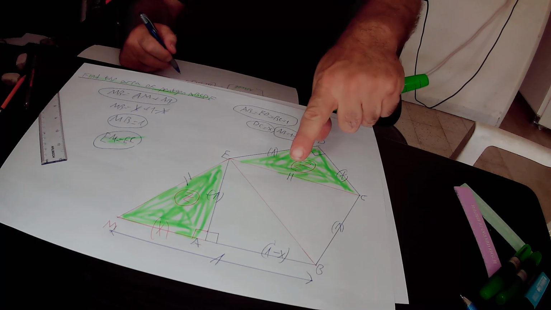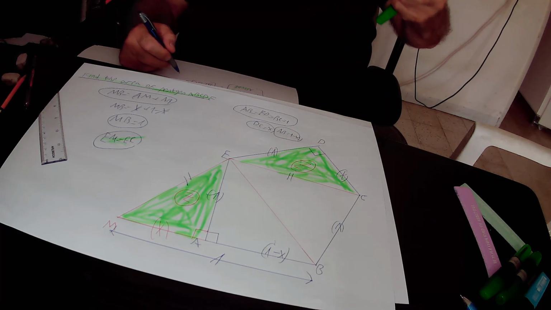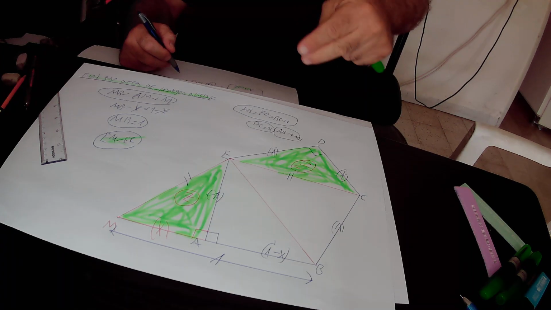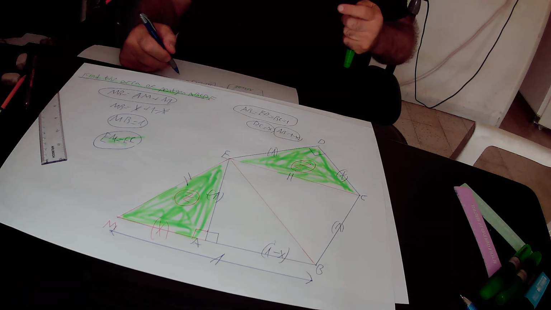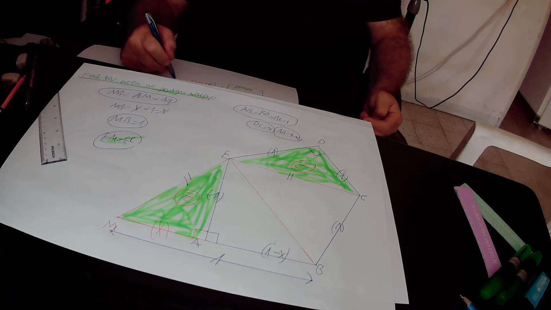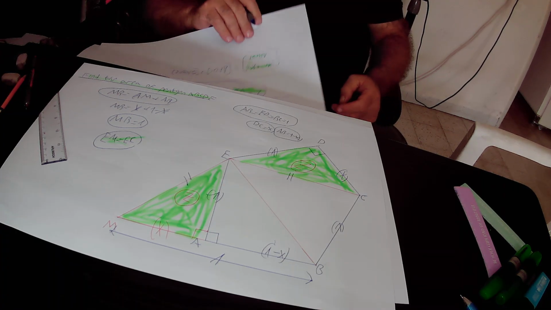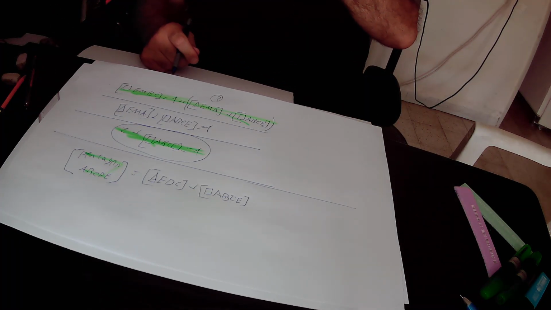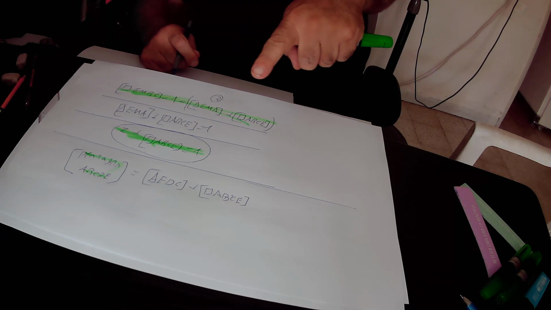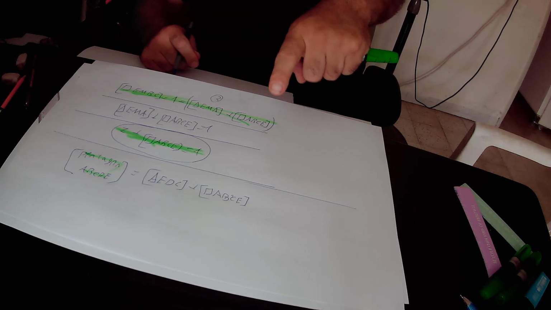It consists of those two shapes only, and therefore the area of pentagon ABCDE must be equal to the sum of the areas of the two shapes that it consists of. So we found out that the area of pentagon ABCDE equals the area of the right triangle EDC plus the area of quadrilateral ABCE.